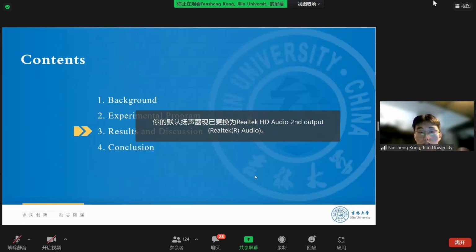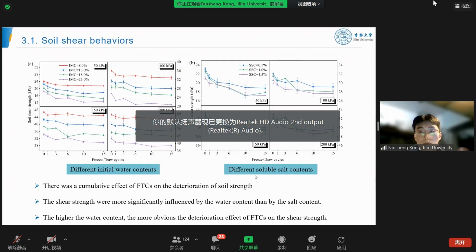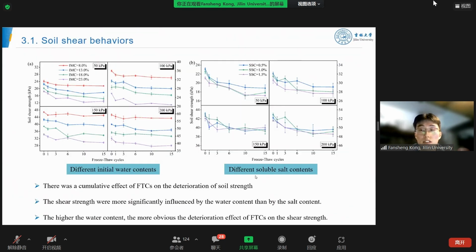Part 3, results and discussion. The figure illustrates the relationship between the soil shear strength and the freeze-thaw cycle. The results show that there was a cumulative effect of freeze-thaw cycles on the deterioration of soil strength. The shear strength was more significantly influenced by the water content than by the salt content.